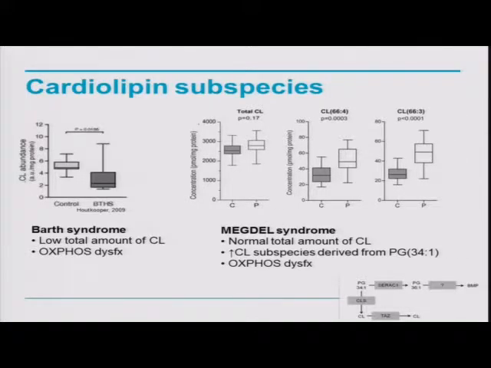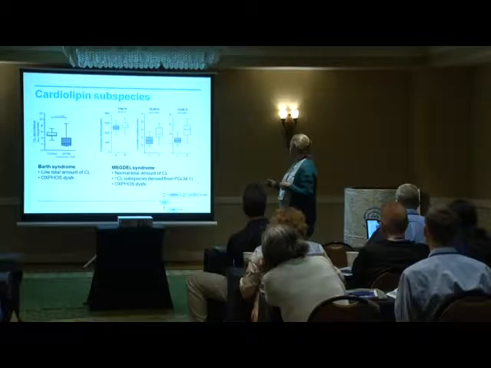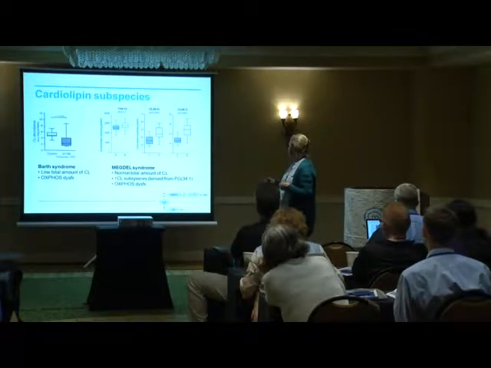For comparison here, in Barth syndrome, the total amount of cardiolipin is low. And in MEGDEL syndrome, we have a normal amount of cardiolipin. But what we saw is that the cardiolipin subspecies, which derive from the PG 34:1, are elevated in patients.